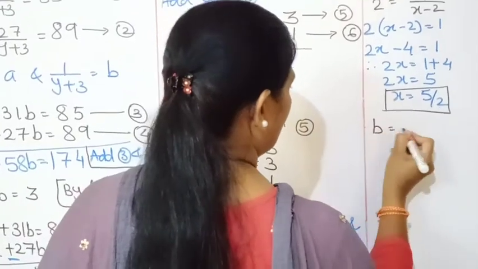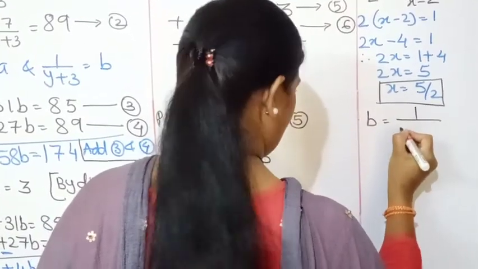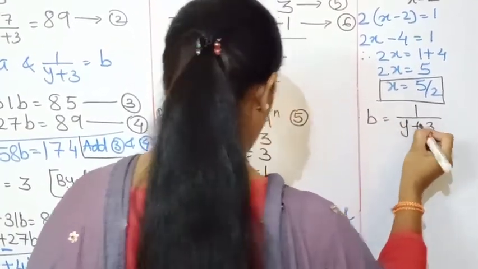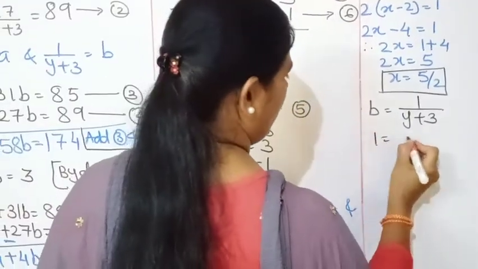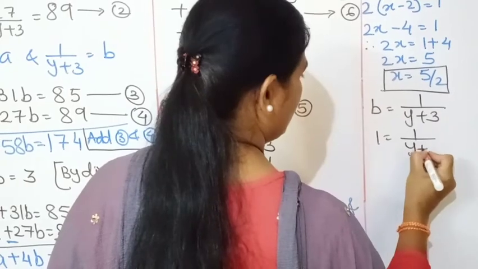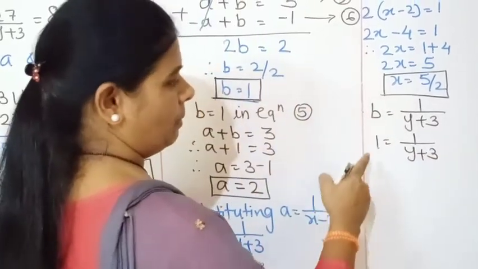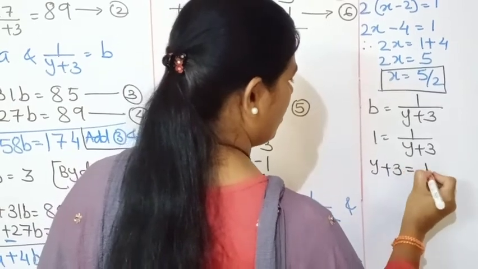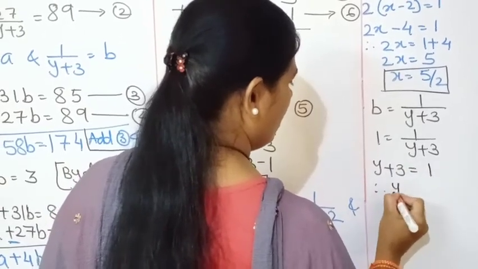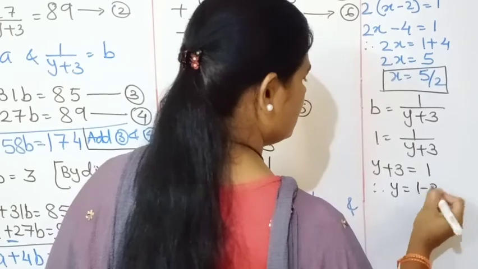Now b equal to 1 upon y plus 3. We got the value of b, that is 1. So 1 equal to 1 upon y plus 3. Again cross multiply, 1 into y plus 3. It will be y plus 3 equal to 1. Therefore y equal to 1 minus 3.